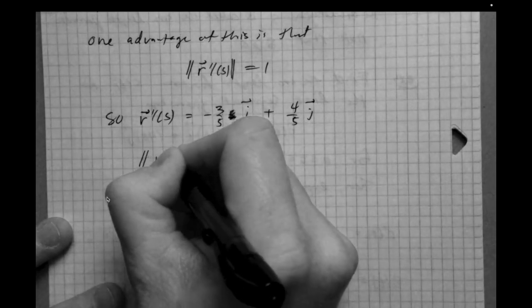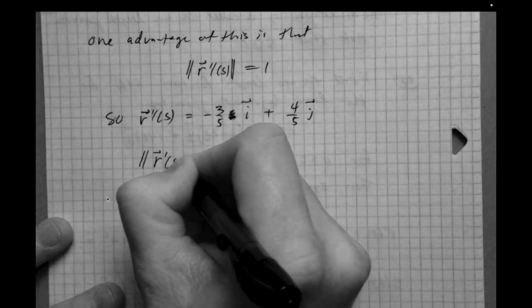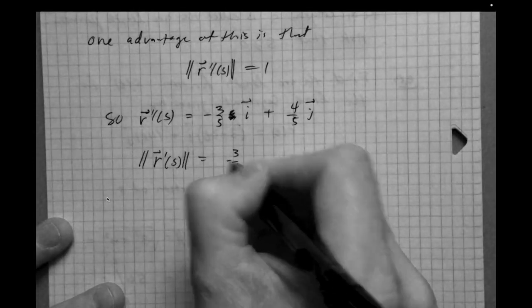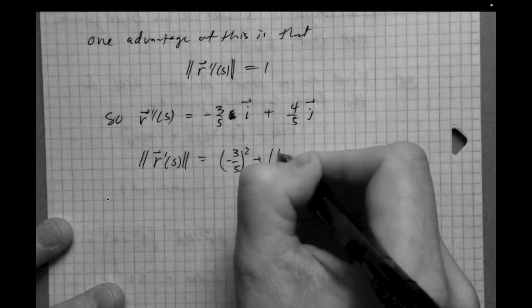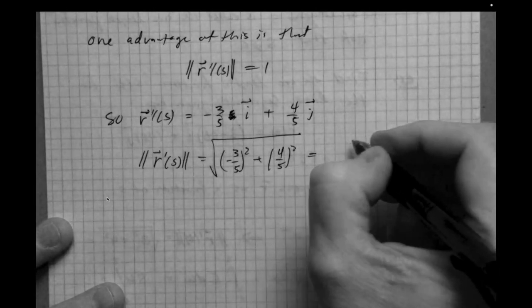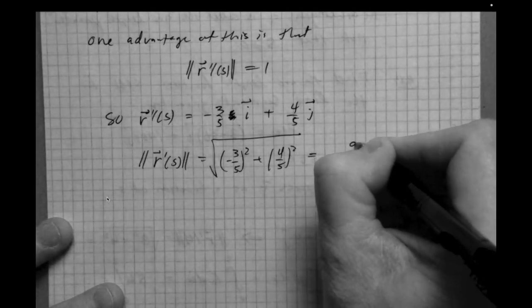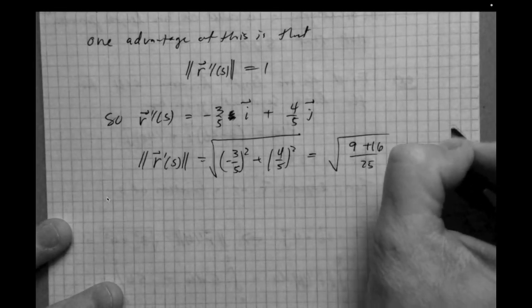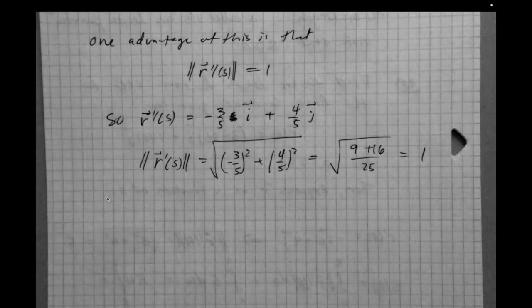Then the norm of r prime is the square root of negative 3/5 squared plus 4/5 squared, which is 9 plus 16 over 25, which is 25 over 25, so that norm is 1. Okay, just confirming that.